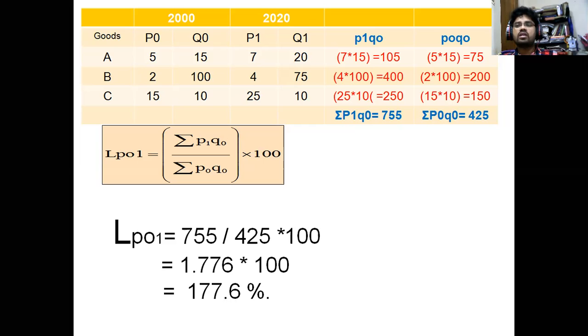So what are you going to conclude here? There is a 77.6% increase in prices from 2000 to 2020. Am I clear, dear students?